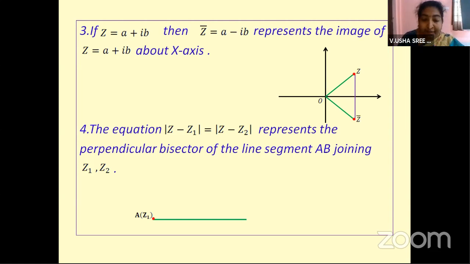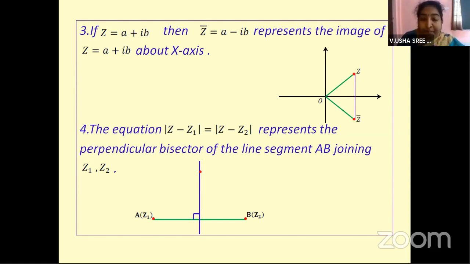A is represented with Z1 and B is represented with Z2. Perpendicular means it makes a 90 degree angle. Bisector is a line which divides the given line segment into 2 equal parts, isn't it? So this is a perpendicular, and also the bisector.